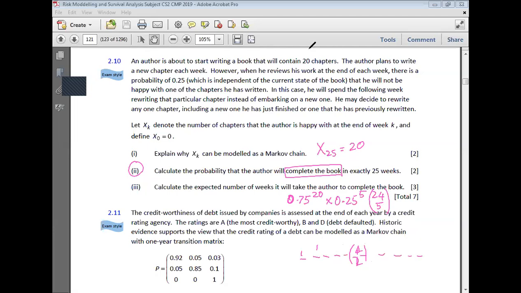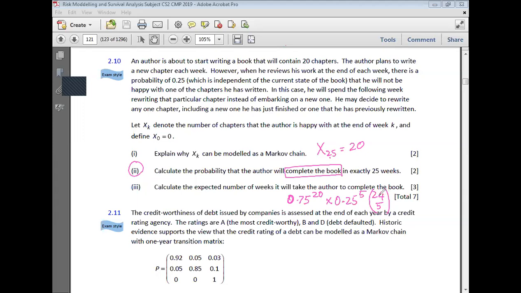But you also have to take into consideration that the author should always be happy with his last chapter. He cannot be unhappy with whatever work he has done in the last week. So you will have to forego that part, and that is why you subtract 1 from the 25 weeks, because he'll have to be happy with the chapter that he writes at the end.